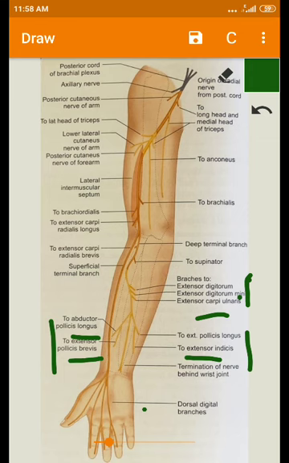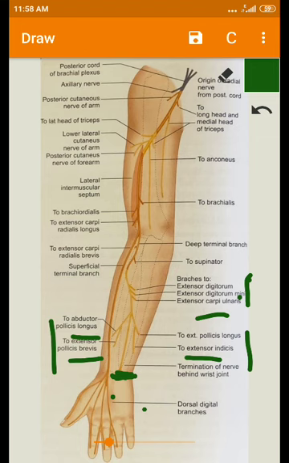The terminal branch forms a swelling, as I have already told, and ends on the carpus. Okay, at this level, it gives some articular branches to the ligaments and the joints of the carpals and wrist.